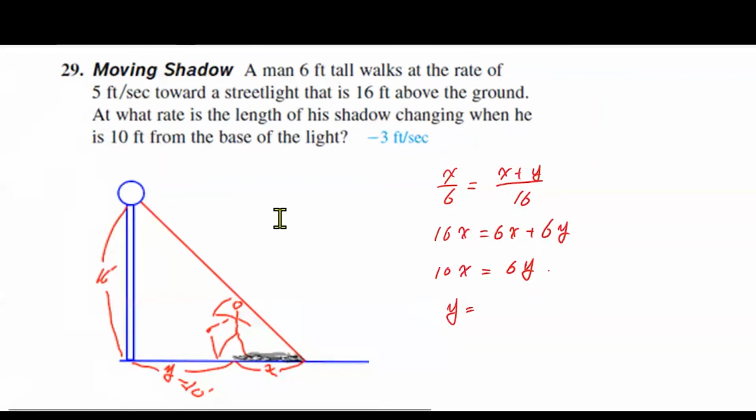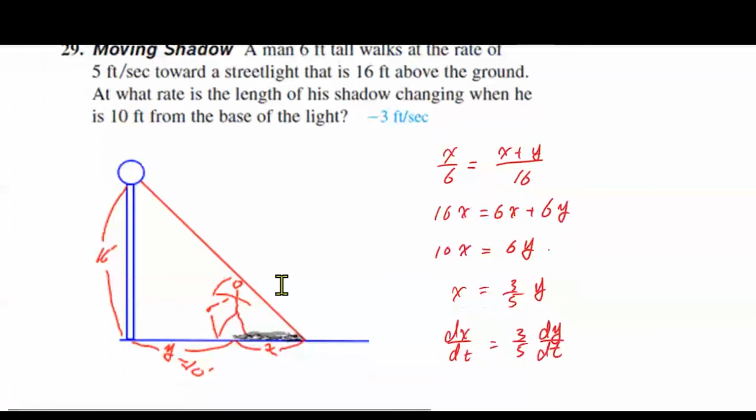So I'm going to solve it for x. So x is equal to 3 over 5 y. And y is the guy's walking speed, isn't it? Because this distance is increasing and is given by 5 feet per second. So then take a derivative now. But you can already see the ratio. So this is 3/5 of dy over dt. How about that?